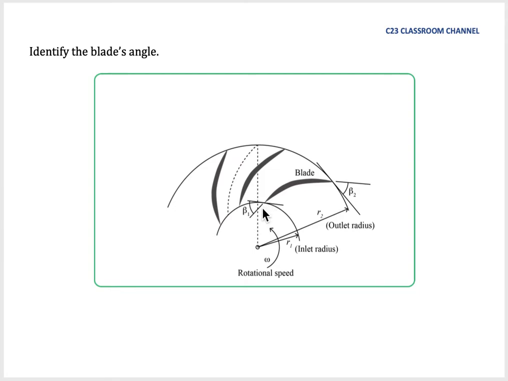We draw a tangent line here, and then we draw a line parallel to the shape of the blade, and we call this angle beta 1. Again, at the outlet, we draw a tangent line, and then a line parallel to the blade shape, and we take this angle and call it beta 2. So this is beta 1 and this is beta 2. Beta 1 is the blade angle at the inlet and beta 2 is the blade angle at the outlet.